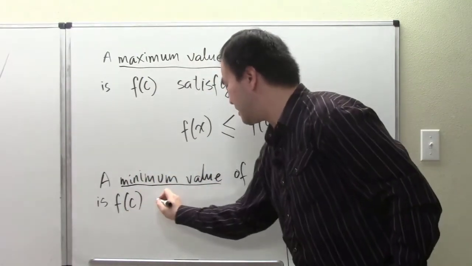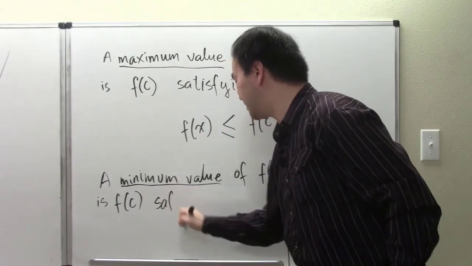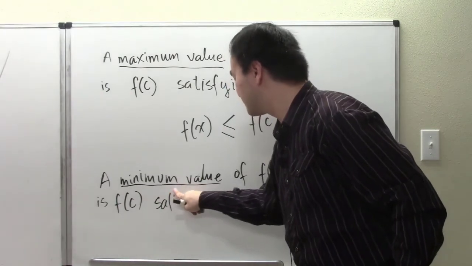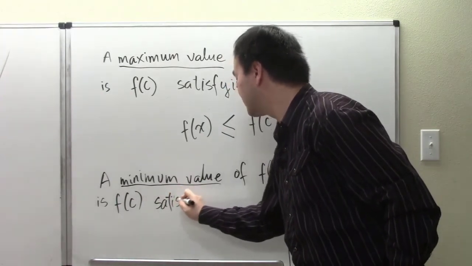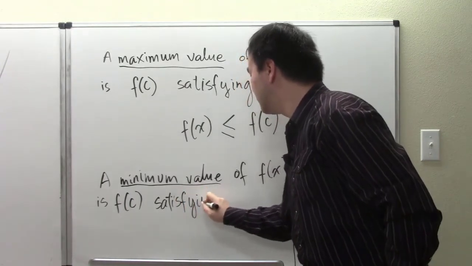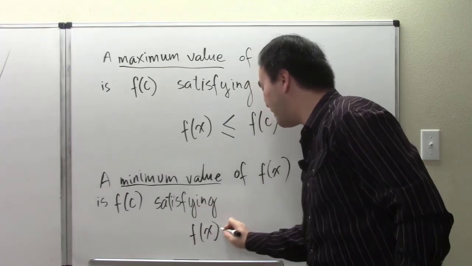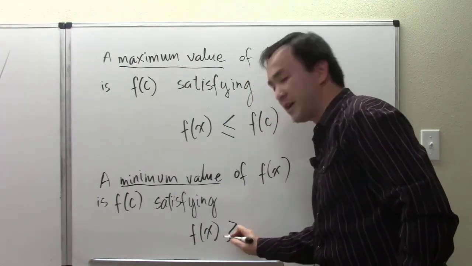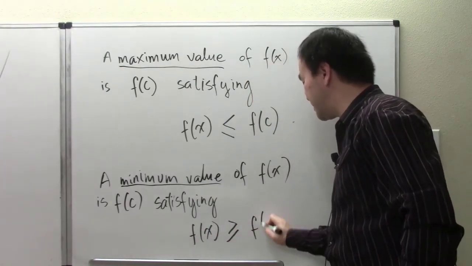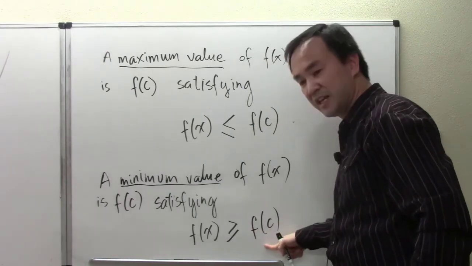So some f of c that's satisfying, now this time, the function must be greater than or equal to f of c. So either it's equal to f of c or above it.